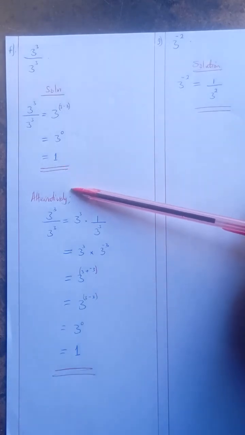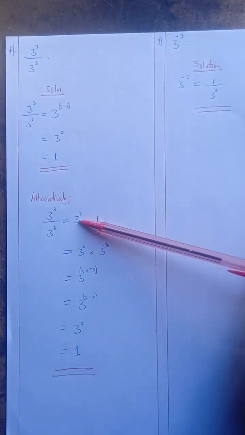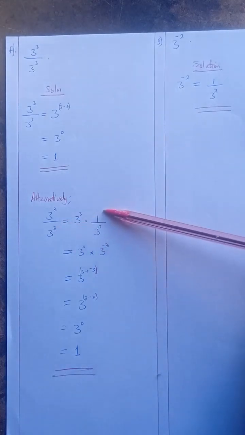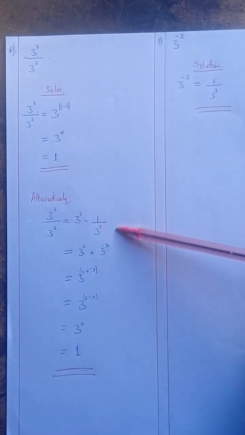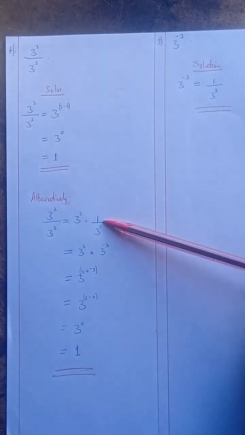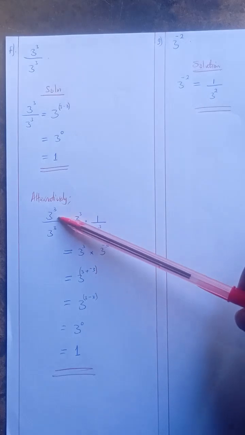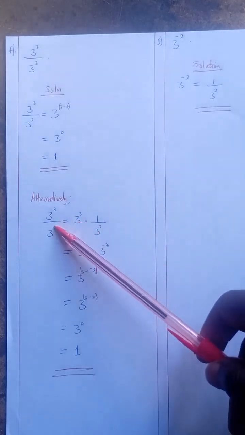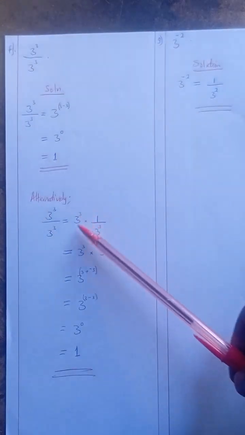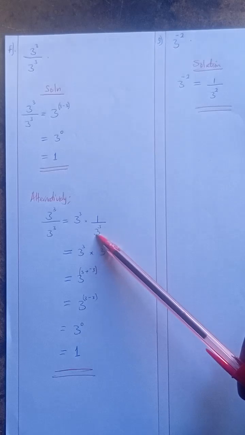Alternatively, we can separate the fractions, then use the idea for multiplication of indices. So now we have 3 to power 3 out of 3 to power 3 as an alternative method. This will be equal to 3 to power 3 times 1 out of 3 to power 3.